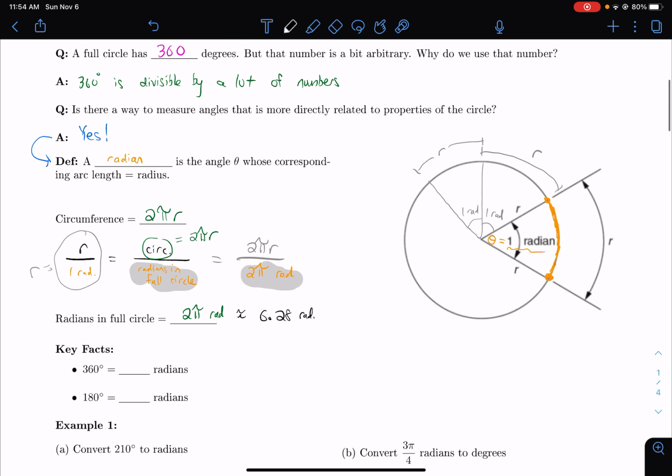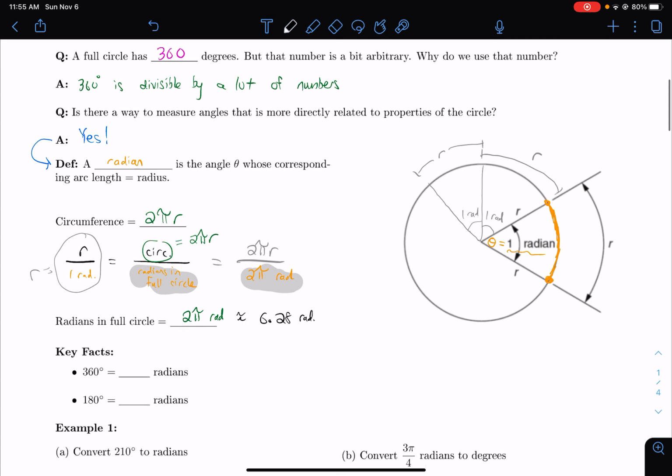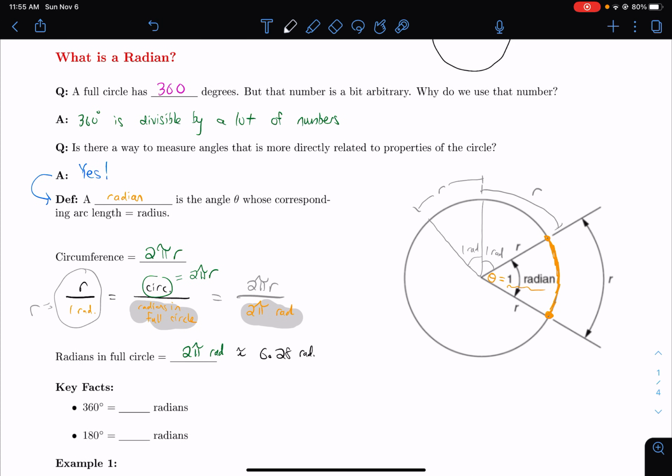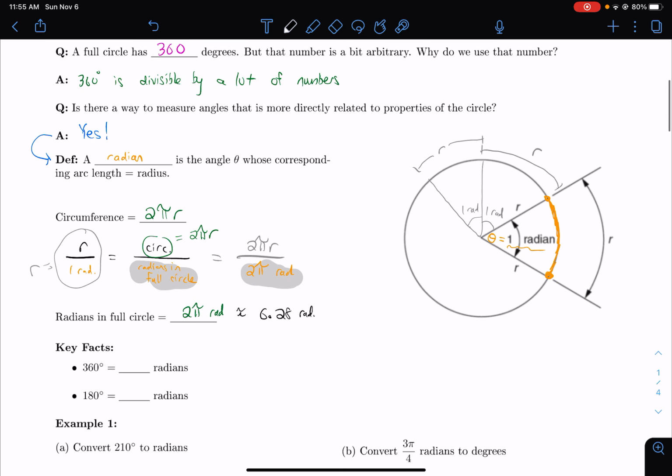When we first see that, we might wonder why we would use a non-integer value to measure the number of these in a full circle. But we'll get to that. There's a big reason why radians are nice, besides the fact that they are directly related to the radius of the circle.